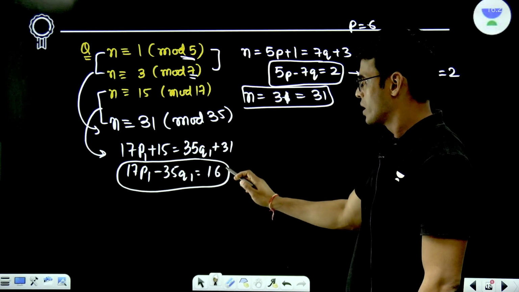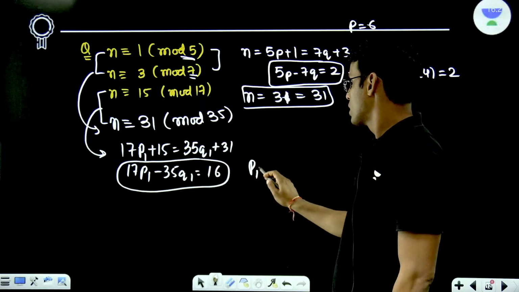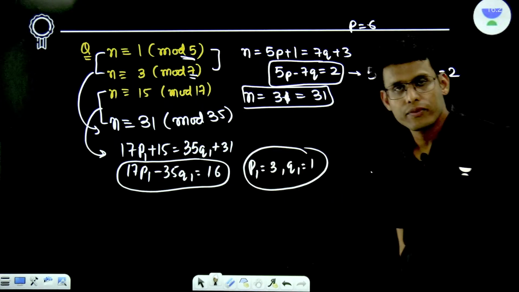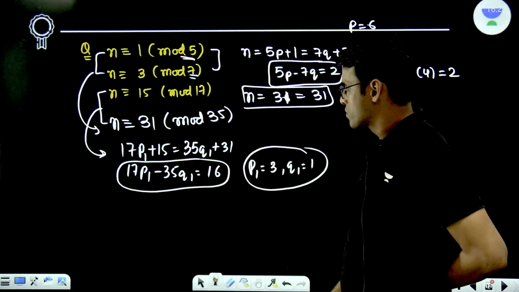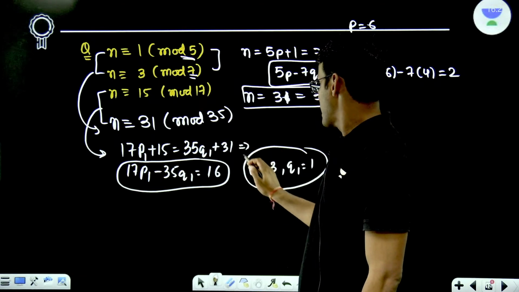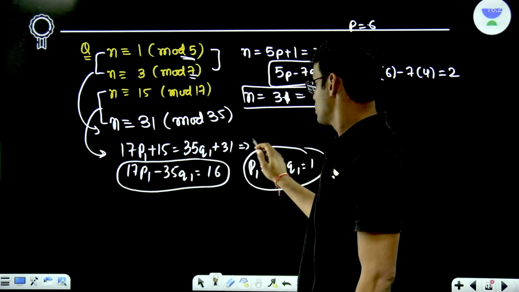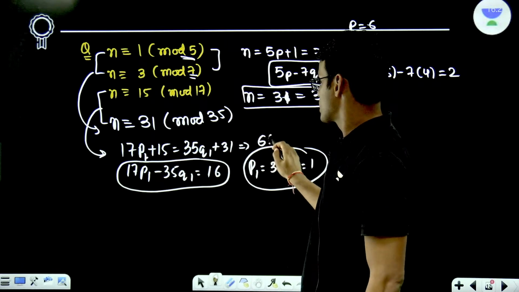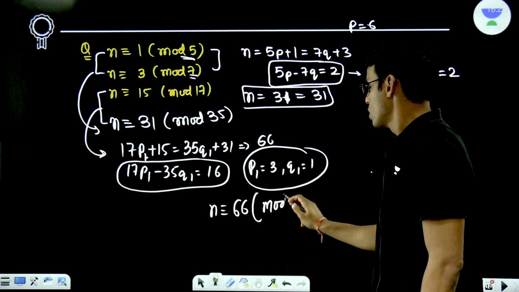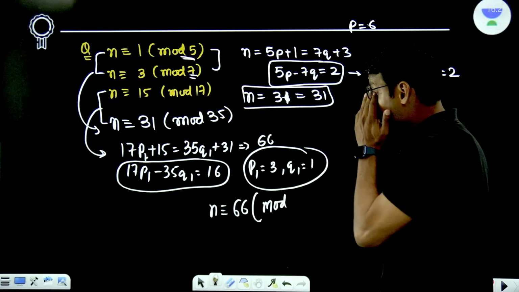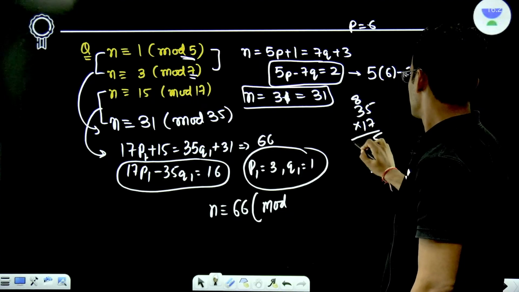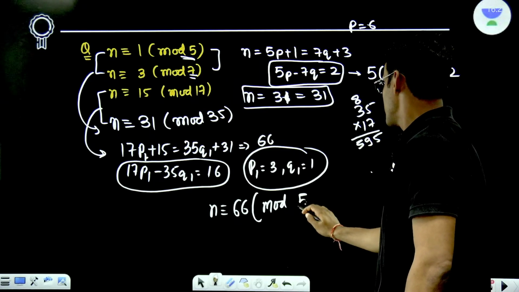But if you see here, you can see q1 becomes 3, q1 becomes 4. If I'm putting p1 equals 3, my n is 20 mod 35 times 17, or rather 595. That is my answer.